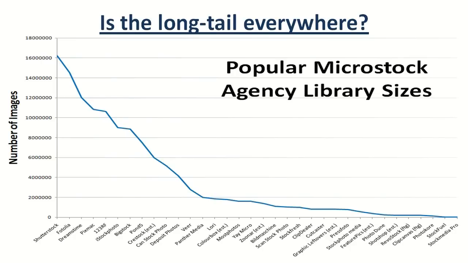While I was looking at these various long tail charts and building the data for this presentation, I found that the Microstock agency library sizes don't really appear to show a long tail distribution. Partly this is understandable because of the number of independent photographers in the agency, those not exclusive to one Microstock agency.